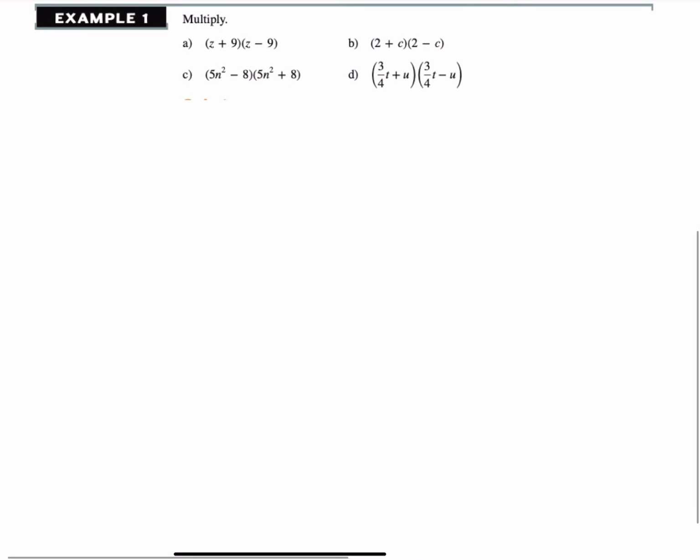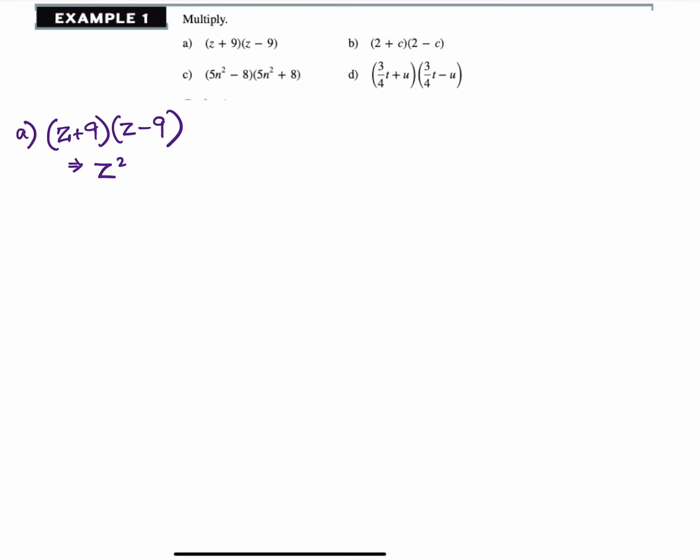So let's try multiplying these out. We'll start with a. We have z plus 9 times z minus 9. So we have that situation. Same two terms, but one with a plus and one with a minus. So let's just multiply this out in the full way using foiling just to see once more this pattern emerge. So the first two terms would be z times z, or z squared.